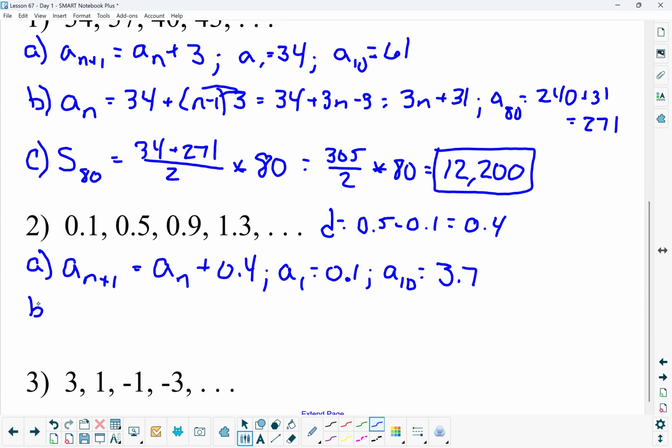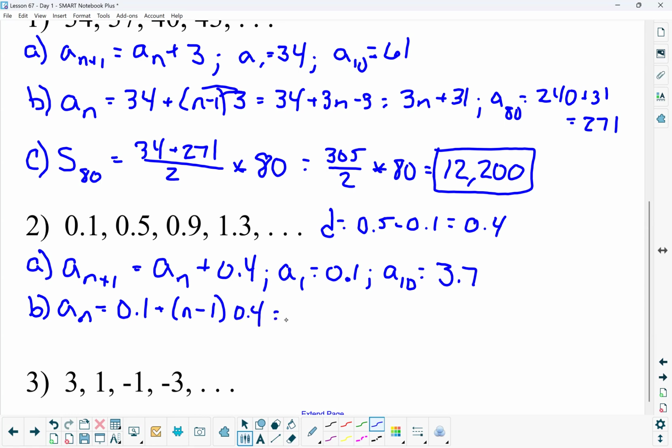Then writing my explicit equation or definition, any term a sub n is going to be equal to the first term, 0.1, plus n minus 1 times our common difference, 0.4.